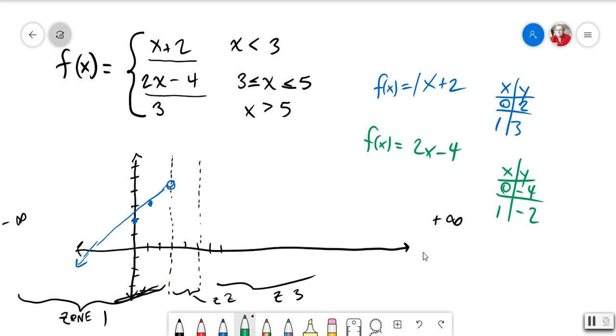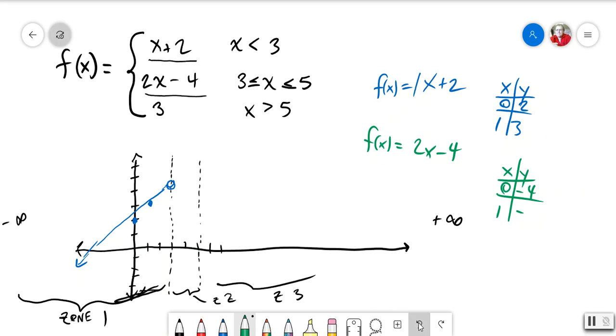There's a couple of ways I could do this. You'll notice both these points are back over here. But that's no good because this green rule is not in effect over in the blue section here. So I could draw the line, then erase this part, or I could do this.